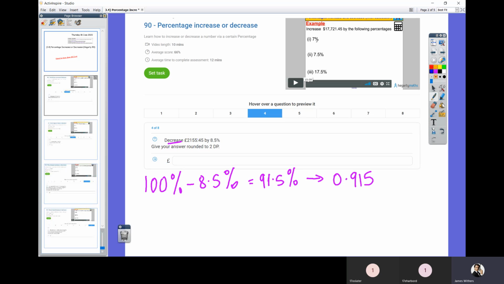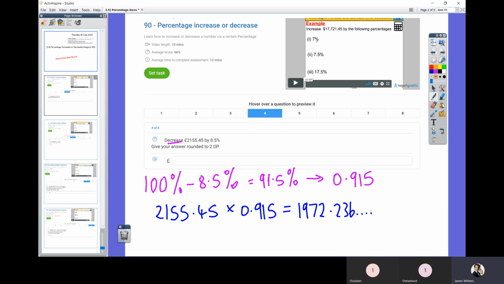So we now just have to use that multiplier. Step 2, take the 2155.45 from the question and multiply that by our multiplier. Again, this is always on the calculator paper. So take our multiplier, multiply it by 2155.45, and we get 1972.236, and so on.